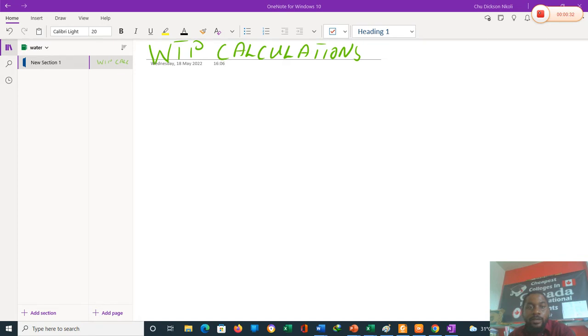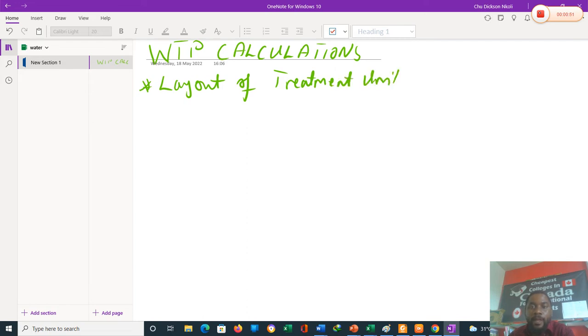So the first thing we will want to see is the layout of treatment units.